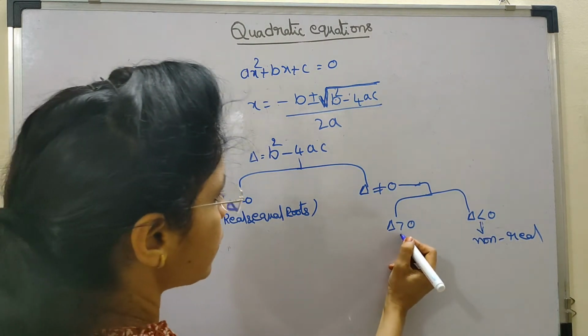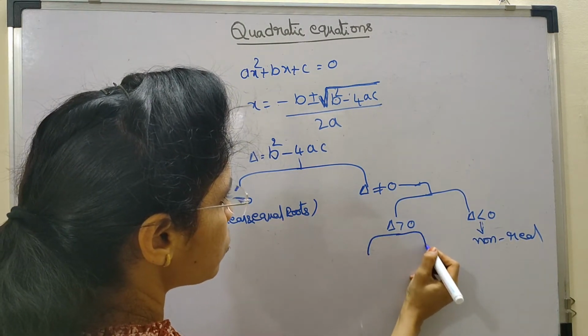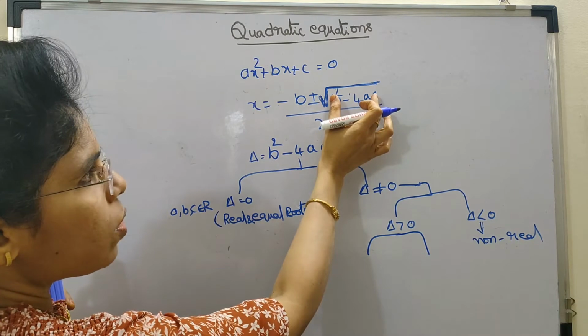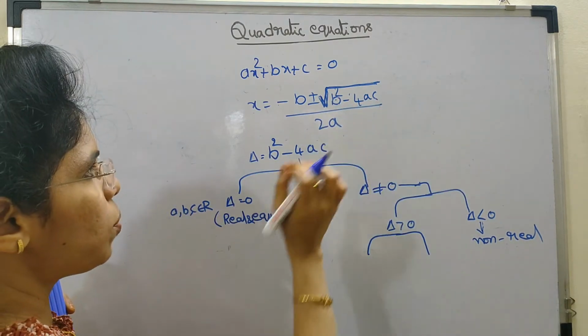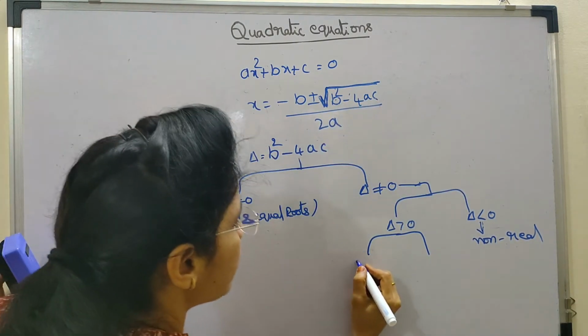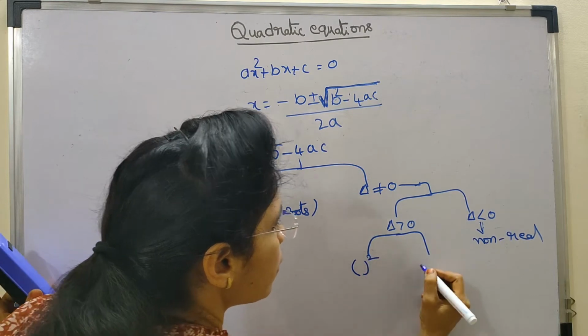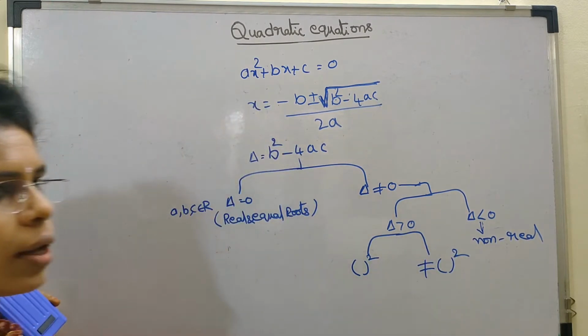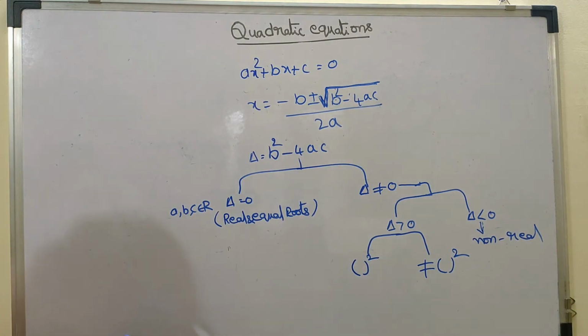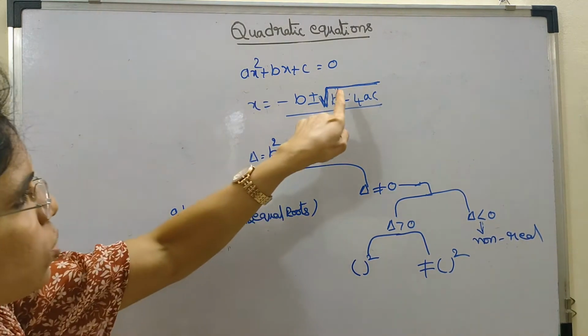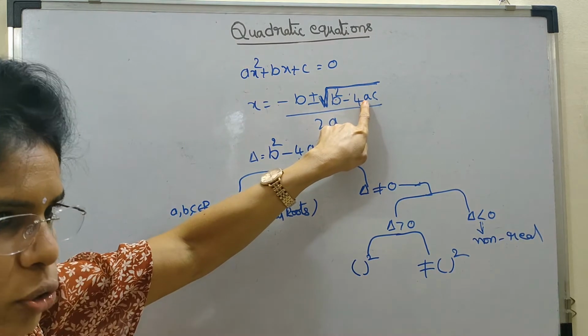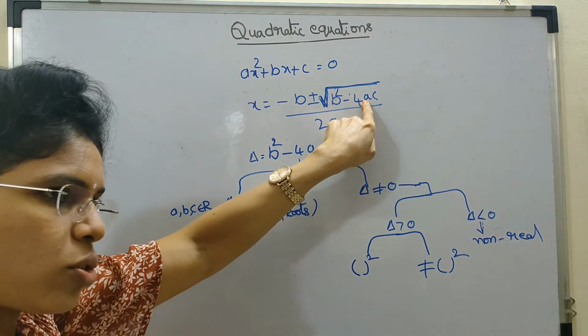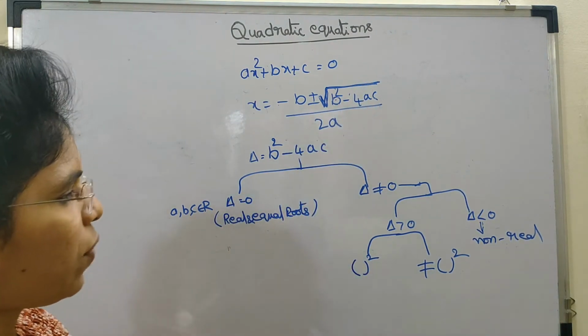Okay, if delta is greater than 0, again there are two cases here. If delta is greater than 0, this expression is greater than 0, meaning it may be either a perfect square or not a perfect square. Again there are two chances. If b² - 4ac is positive, it may or may not be a perfect square.